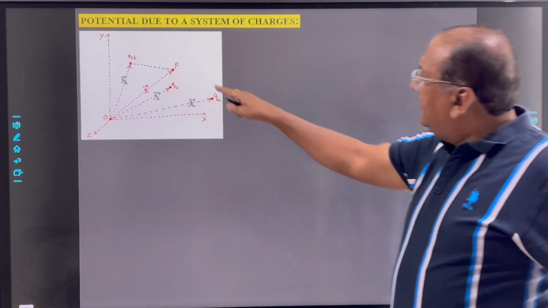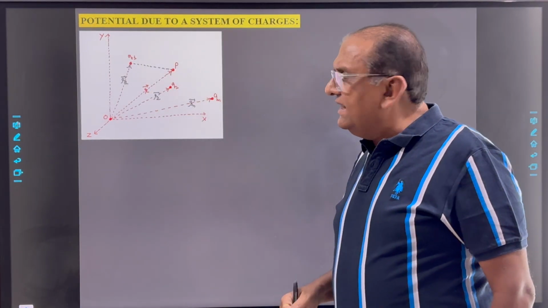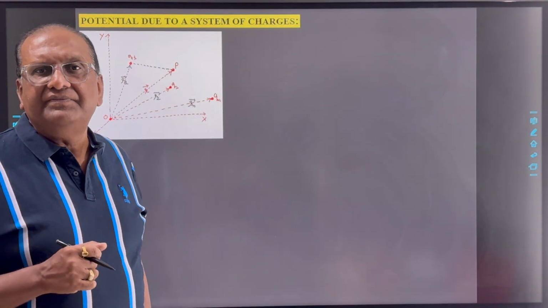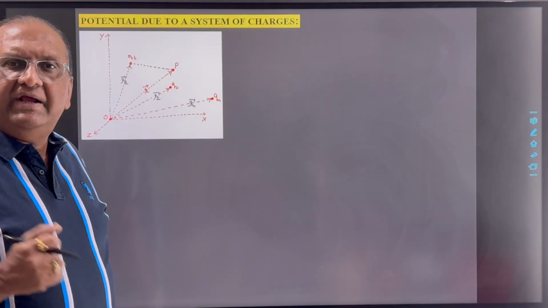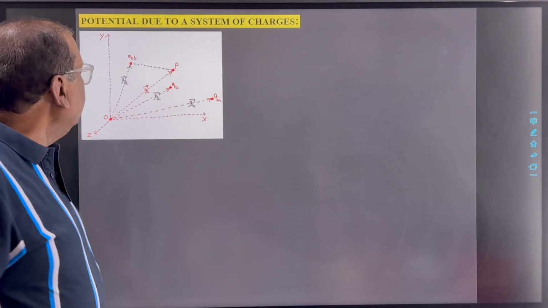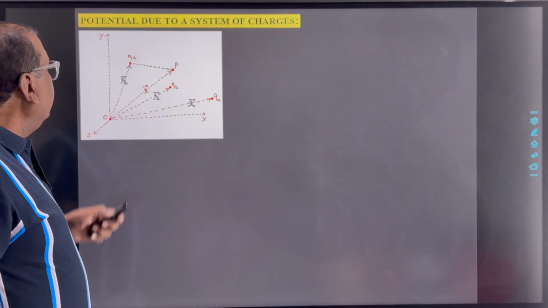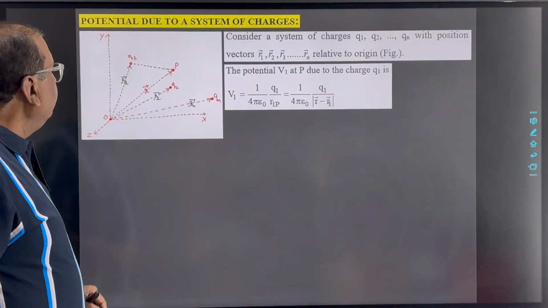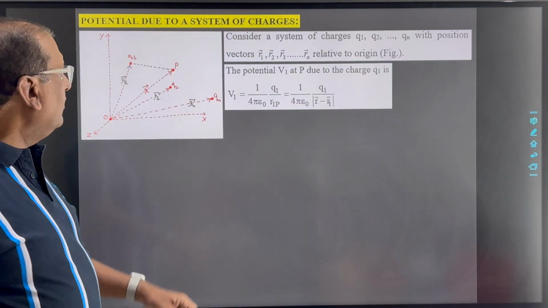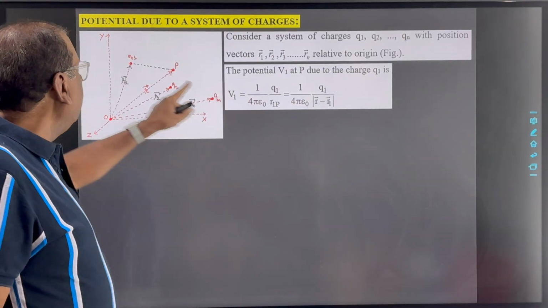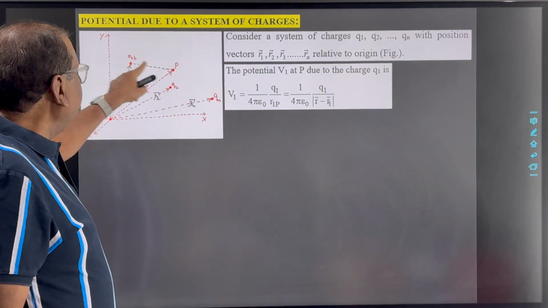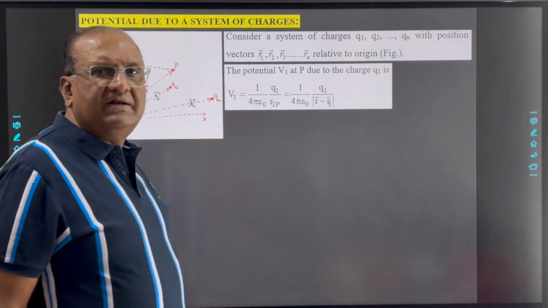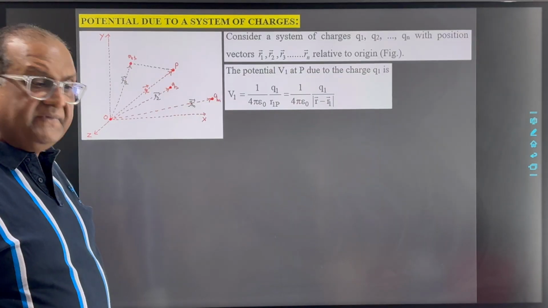We have to find the potential at P due to each and every charge, and then after we have to take the summation of it. Suppose we think about the electric potential at P due to Q1, so that is 1 upon 4 pi epsilon 0 Q1 upon the distance between 1 and P, so that is magnitude of vector r minus r1.